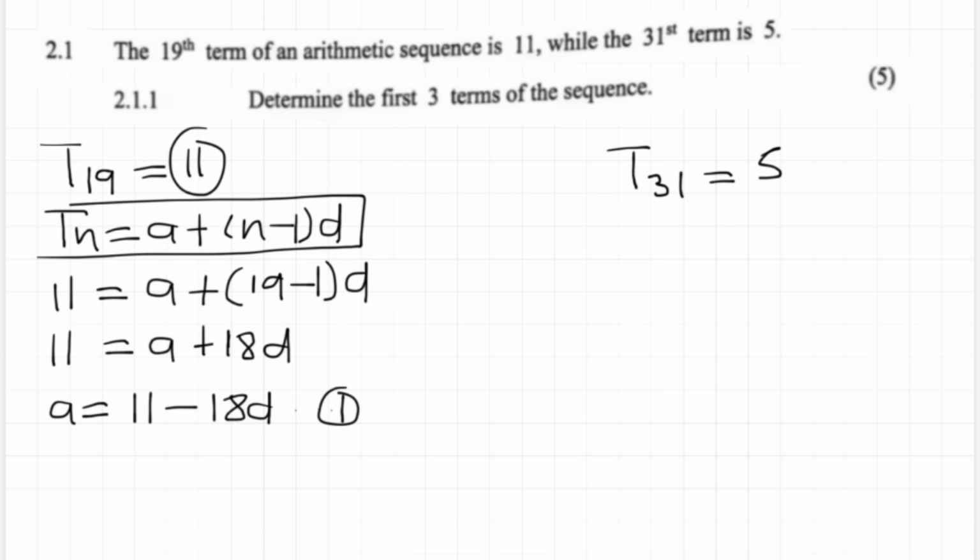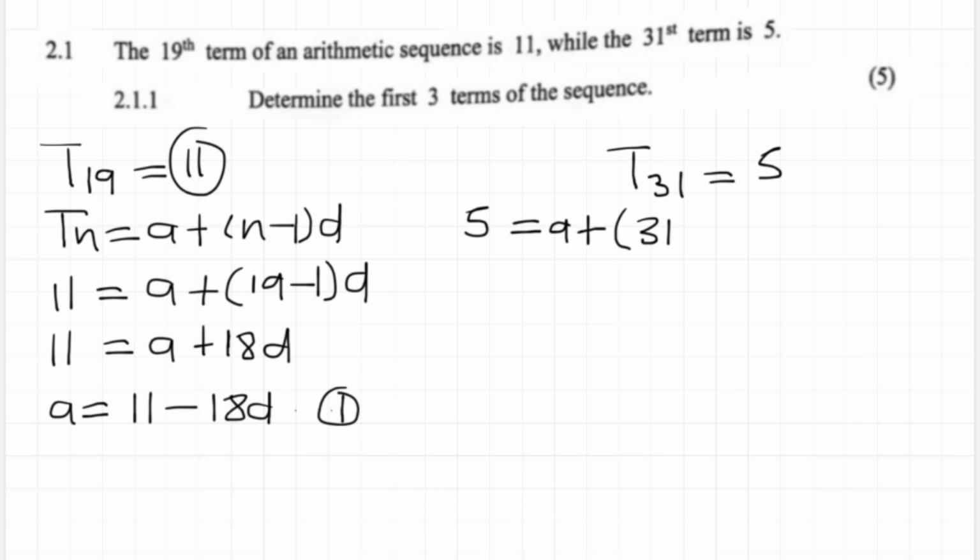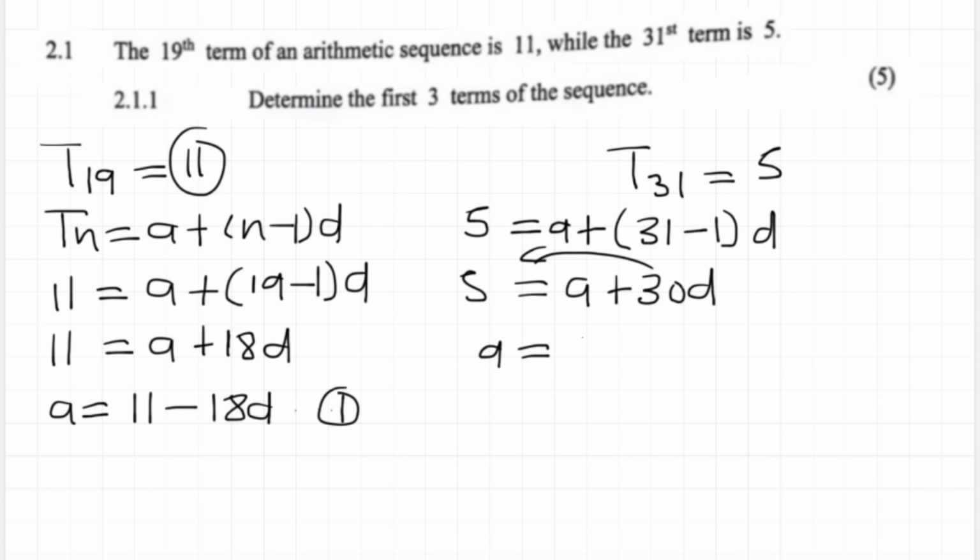We already know our formula, so for the nth term we substitute 5, and for n we substitute 31 minus 1 times d. Then we have 5 equals a plus 30d. Is it correct? Is it 30? Yes, 30d. Then we take the 30d to the other side, so a is equal to 5 minus 30d. This is equation 2.